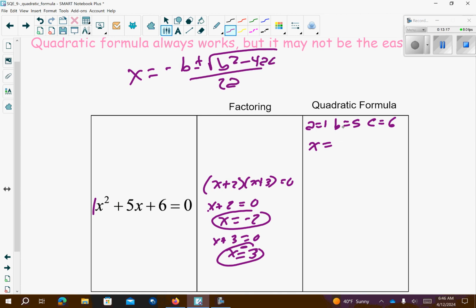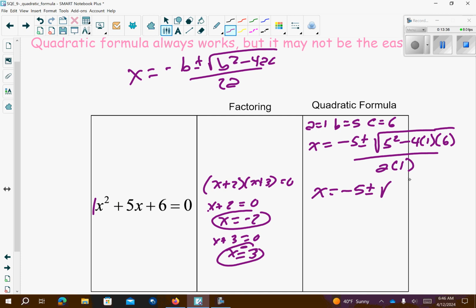So x is negative, our b value is 5, plus or minus the square root, our b value squared, minus 4 times our a value times our c value, all divided by 2 times our a value. Let's do the arithmetic. -5 is going to stay as is. 5 squared is 25. -4 times 1 is -4. -4 times 6 is -24. All over 2, because 2 times 1.